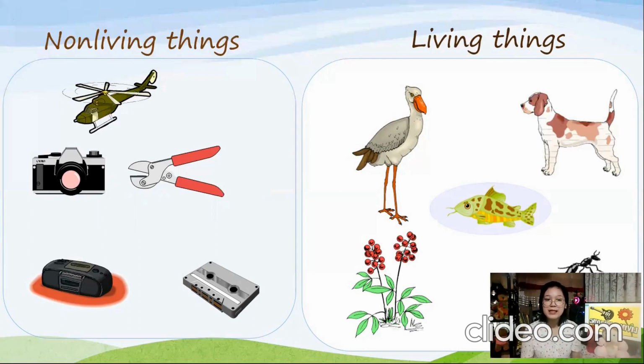A radio, a tape, a helicopter doesn't possess life. Unlike the living things. We move, we need air, we eat, we drink water, we have shelter, we have habitat. See? Do you understand? Very good. Now, can we sing a song?